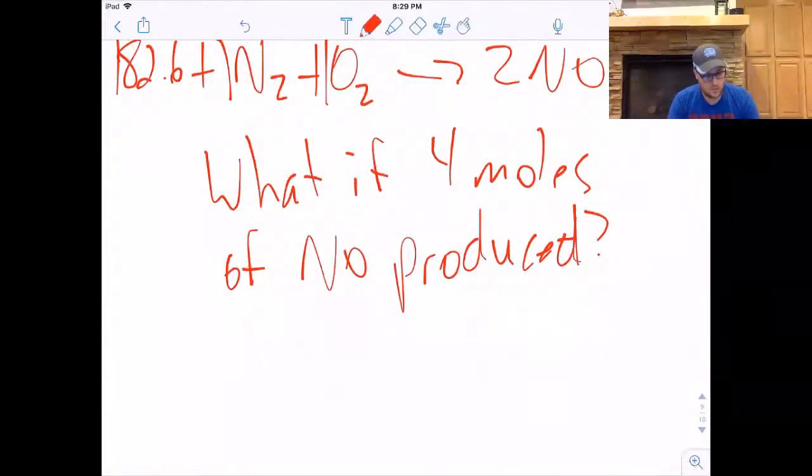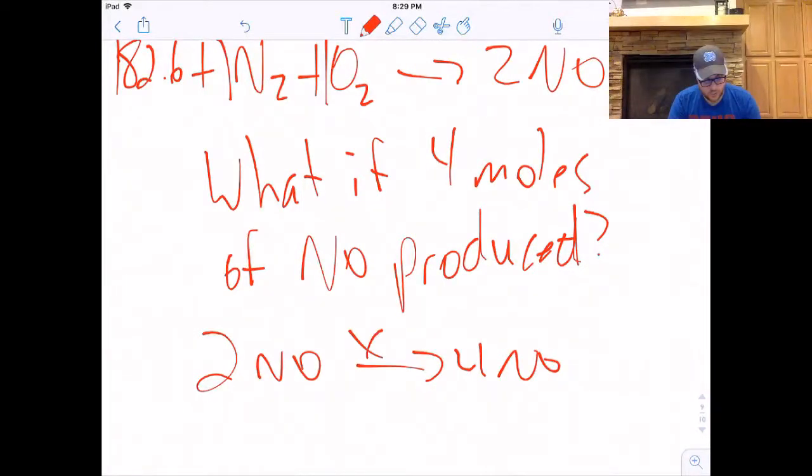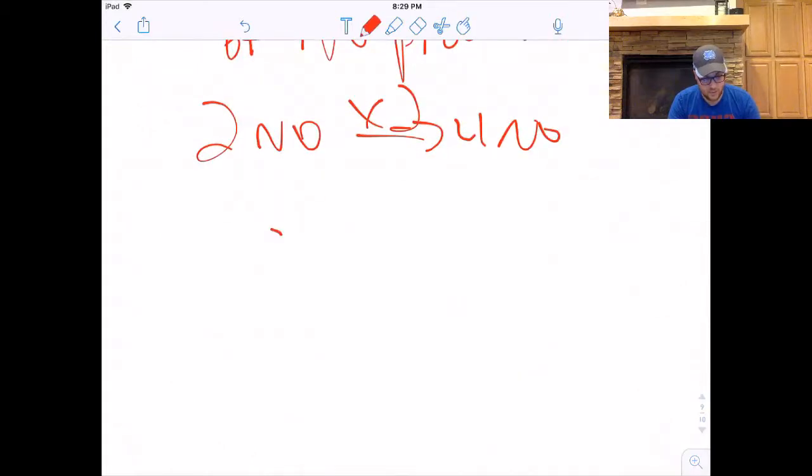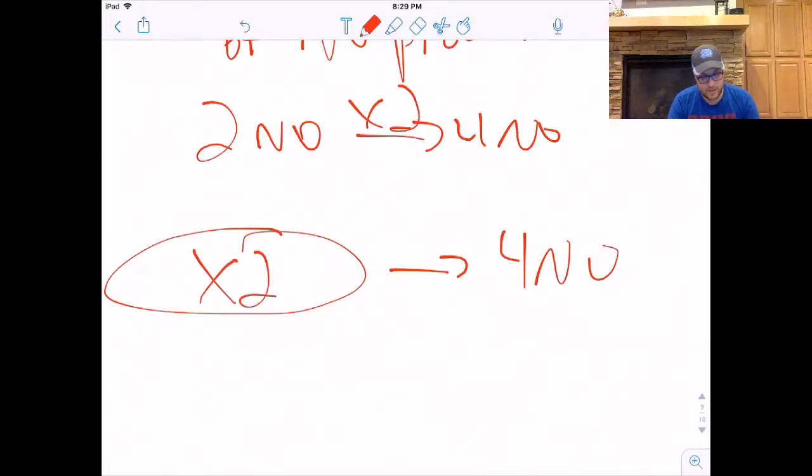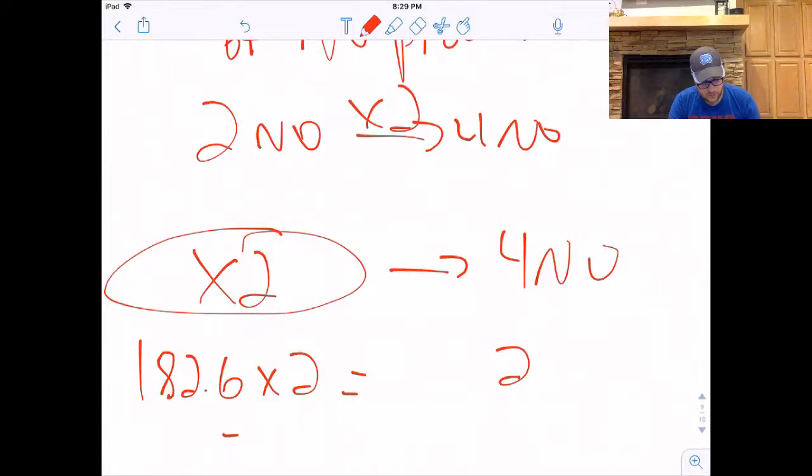I multiplied it by 2. So I have to take everything over here to make that 4NO and multiply it by 2. So now I have 182.6 times 2, which would be 365.2 kilojoules of heat being absorbed and reacting with 2N2 and 2O2.